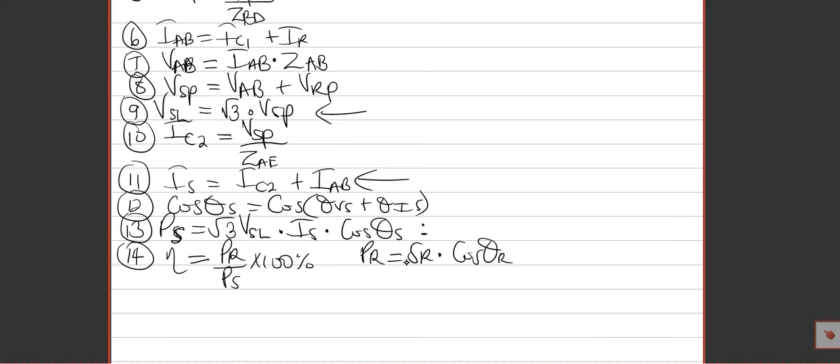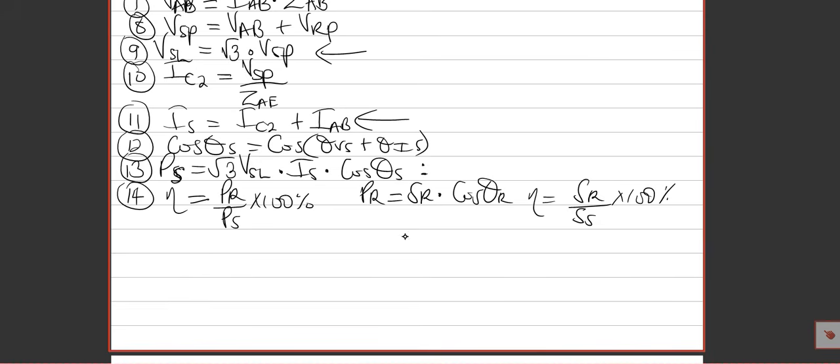There's an alternative formula for efficiency, where efficiency equals SR over SS, apparent power at the receiving end over the sending end, times 100%. You can use it, or you can use the one for power. Just find PR there and you won't die.